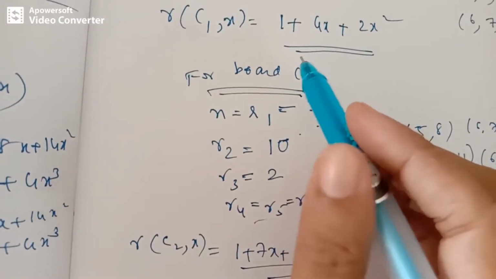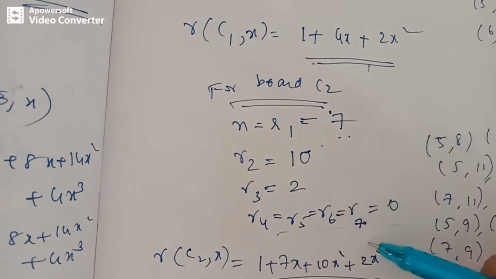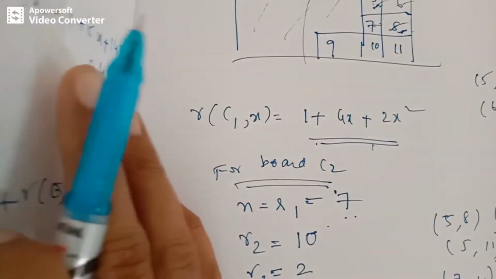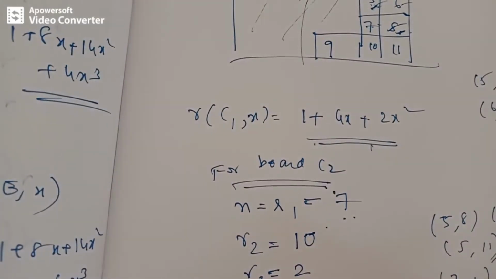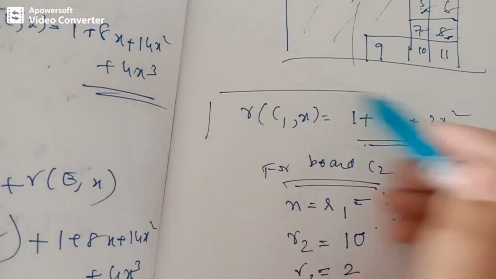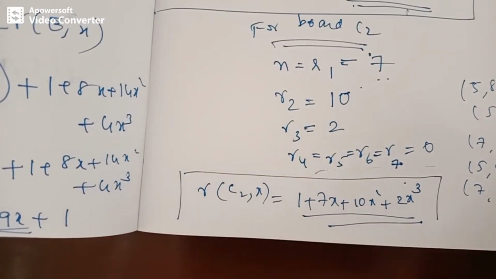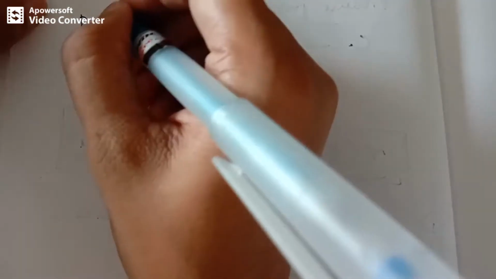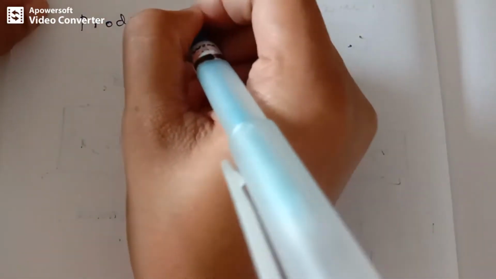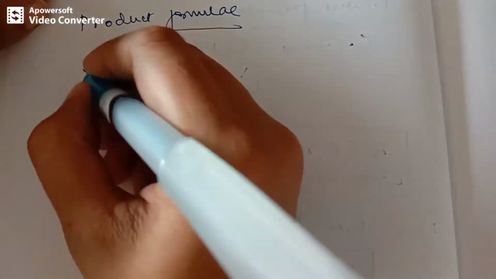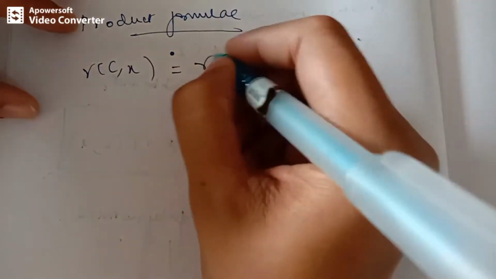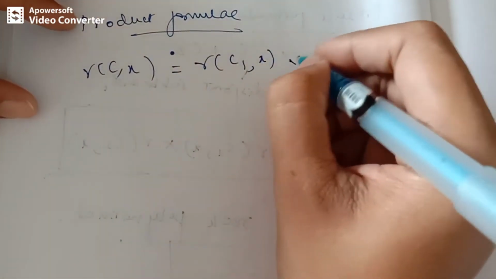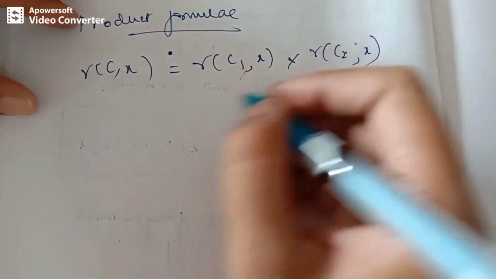So let's use the product formula to combine both of the Rook polynomials. We have 1 plus 4x plus 2x square, and 1 plus 7x plus 10x square plus 2x cube for this board. When we apply the product formula, R of C comma x is R of C1 comma x into R of C2 comma x.